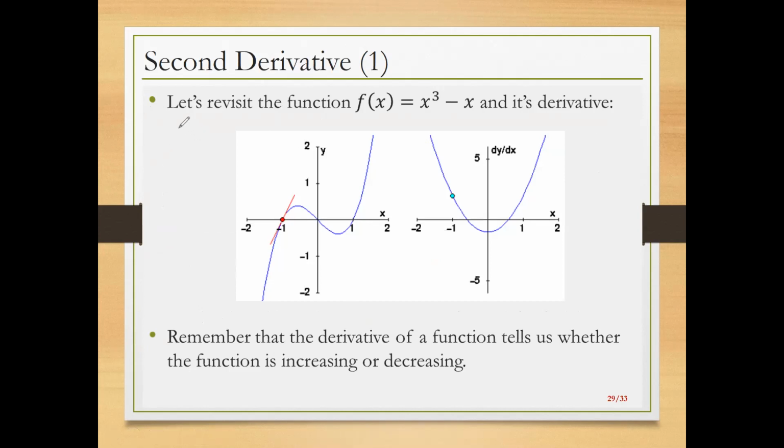So if you're given a function f of x, the first thing you do is find the derivative of this function, f prime of x, and solve f prime of x equal to 0. This will give you all the critical points. And what are critical points? Critical points are the points at which the derivative is equal to 0.